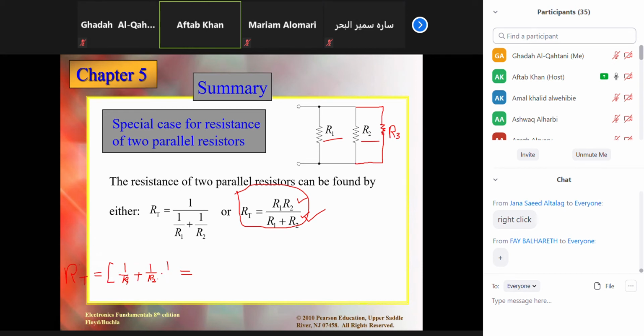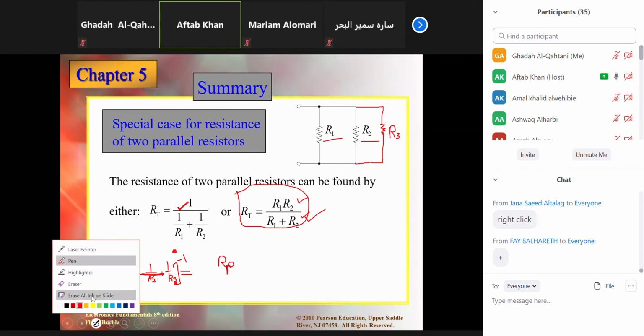So this is 1 plus 1 over R3. So you know what you will be getting? It is inverse definitely. So I'm just solving directly. So it is going to be R1. So difficult. First of all I'm using from here and it is creating a problem.